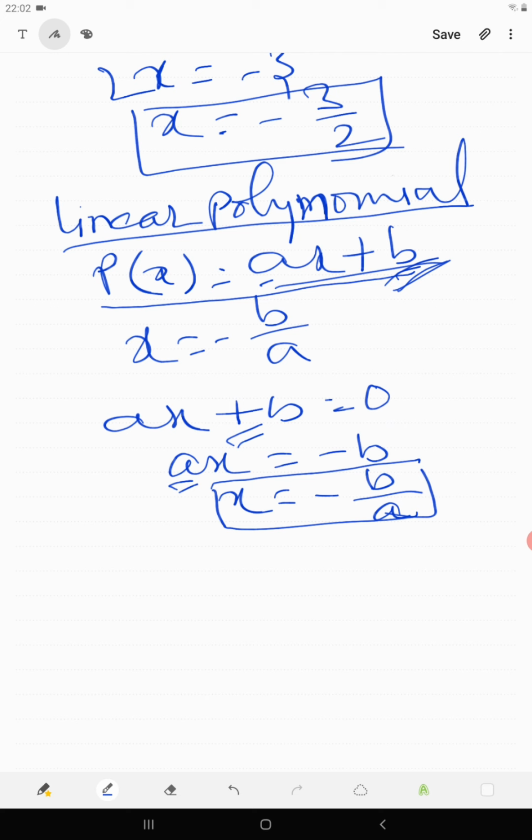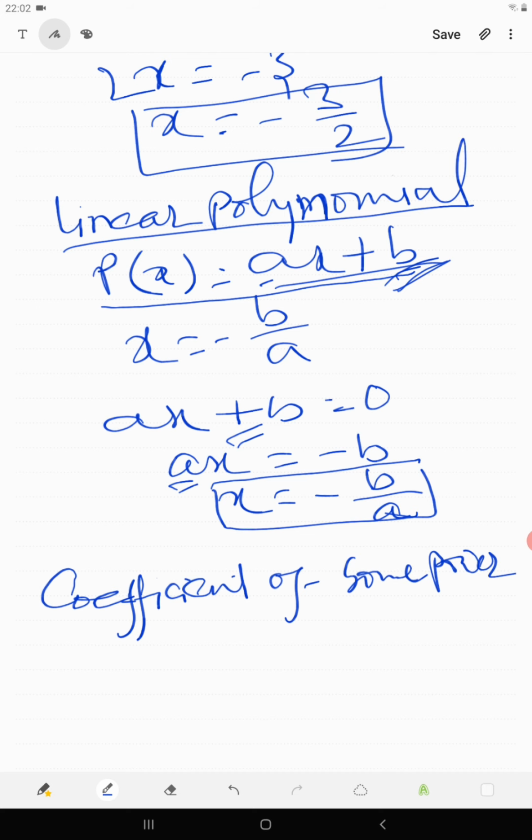Now I forgot to tell you one more thing, the coefficient. I told you about degree, but I didn't tell you about the coefficient of any power. We have heard about degree: degree is the maximum power.